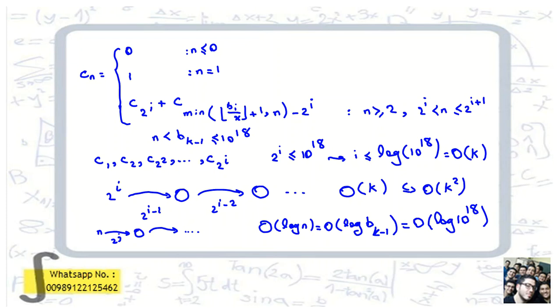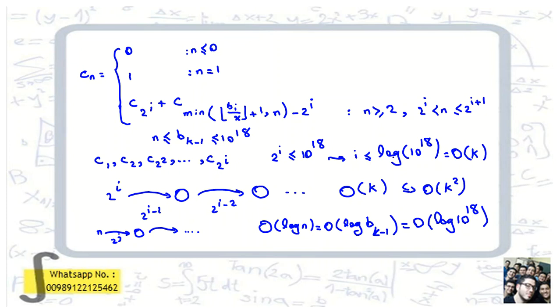We know n is less than or equal bk minus 1 because bk minus 1 is the sum of all tastiness, and the assumption of the problem says it is at most 10 to the 18. So now that we want to find C1 up to C of 2 to the I, 2 to the I is less than or equal 10 to the 18.